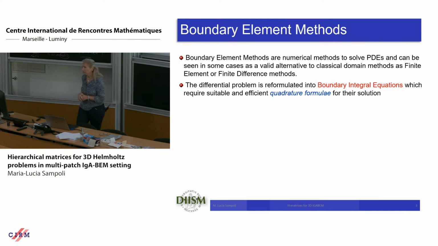The boundary element method can be seen in some applications as a valid alternative to classical domain methods to solve partial differential equations numerically, such as finite elements or finite differences.